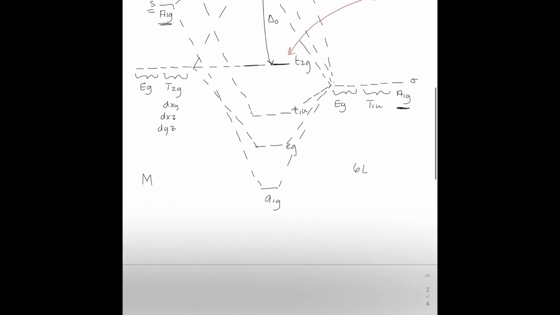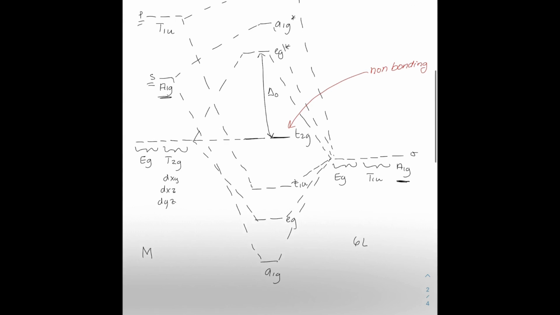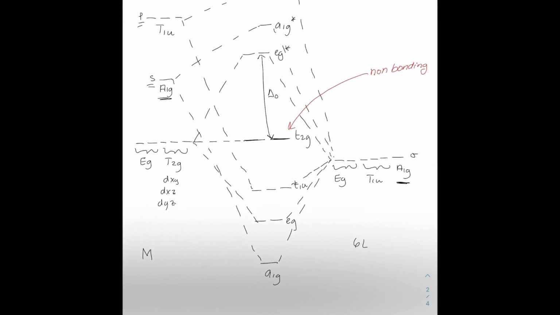We had our EG up here, T2G down here, and this was our delta O. So this is being translated into this molecular orbital diagram, just a little bit more complicated, but hopefully this makes sense.